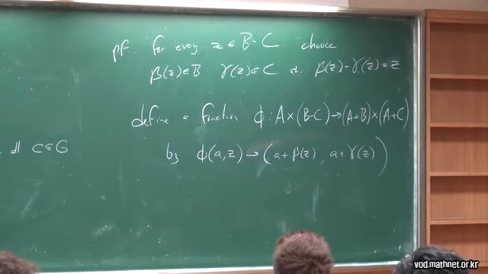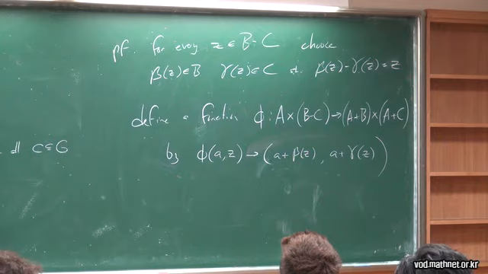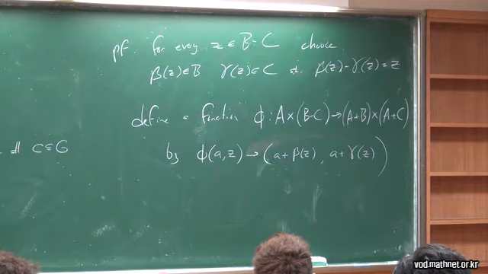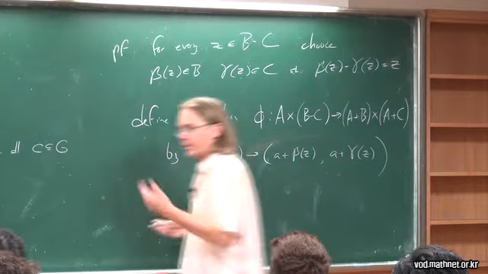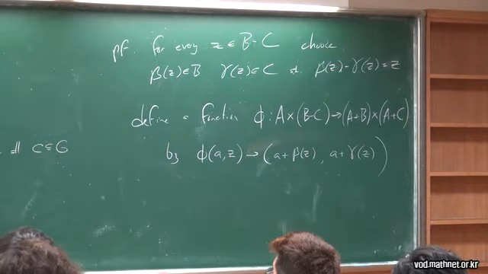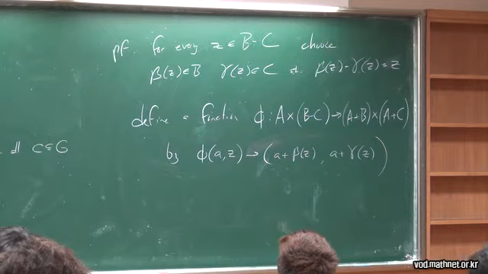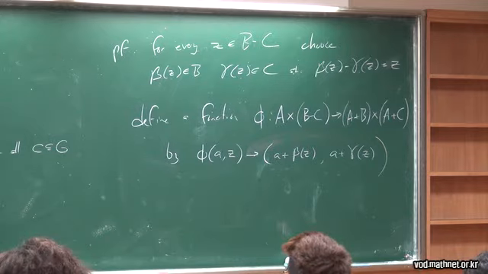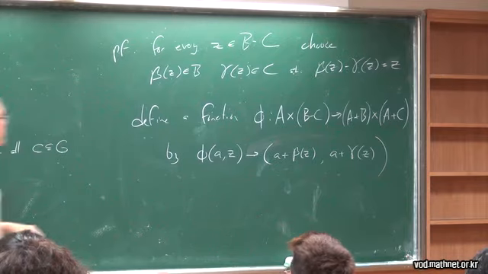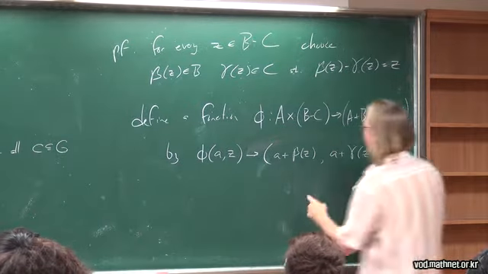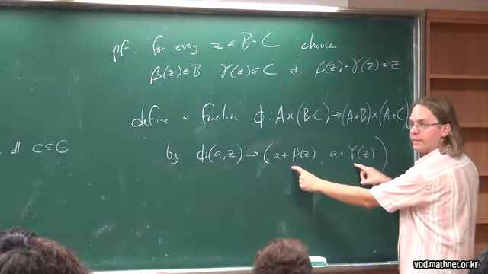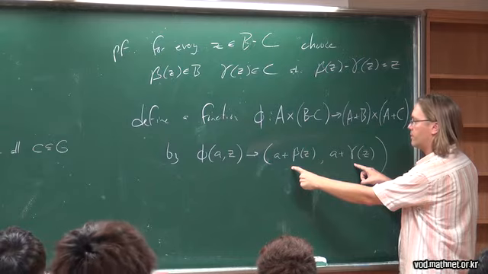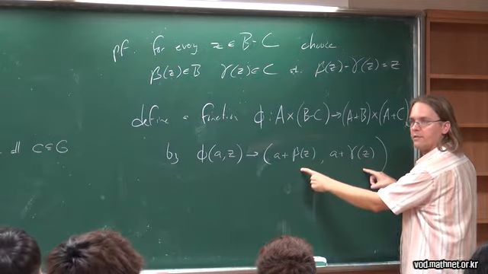So it's certainly a sensible function that goes from A cross B minus C to A plus B cross A plus C. Now, why is this an injection? Let me say it in words. It's easy. If (a, z) and (a prime, z prime) map to the same pair, then if you take the difference of these terms, this minus this, you recover z.